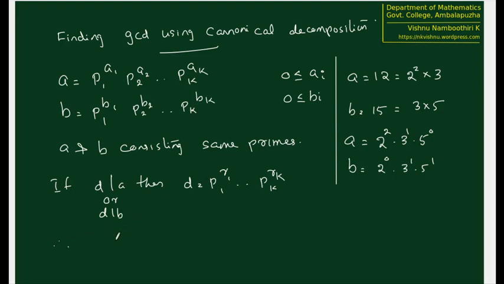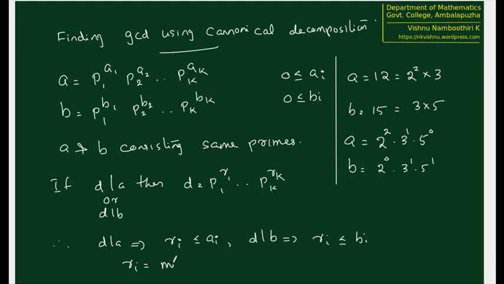Now D divides A means that this Ri must be less than or equal to Ai, and D divides B means that Ri must be less than or equal to Bi, or in general Ri must be less than or equal to both. If you take the minimum, that will definitely divide also.